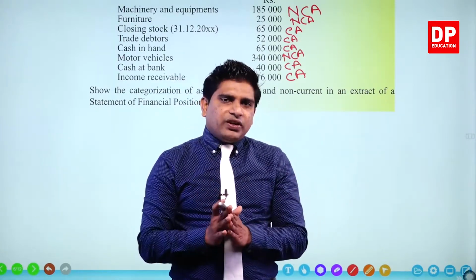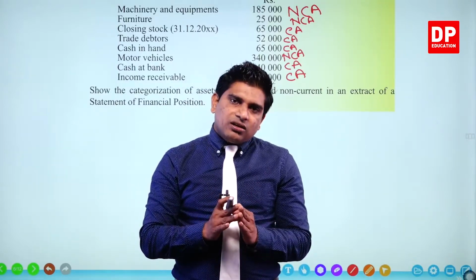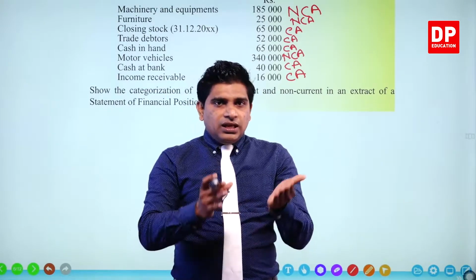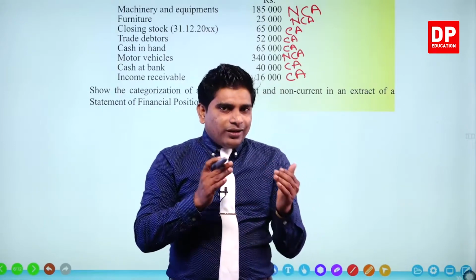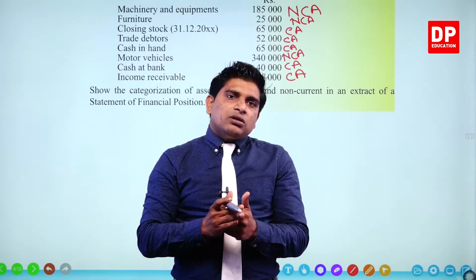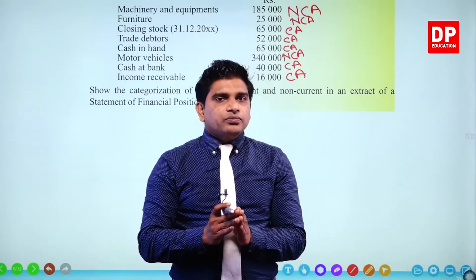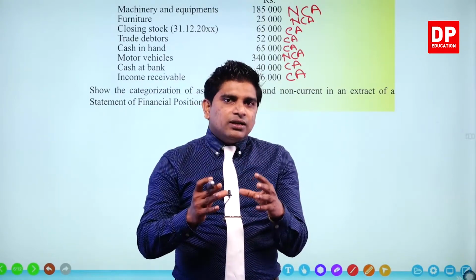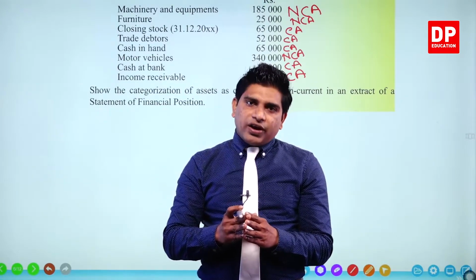There, in that classification, you understood well how to classify them. In this activity 5, you can brush up your knowledge about non-current assets and current assets, and also understand here how to enter current assets and non-current assets in the statement of financial position.